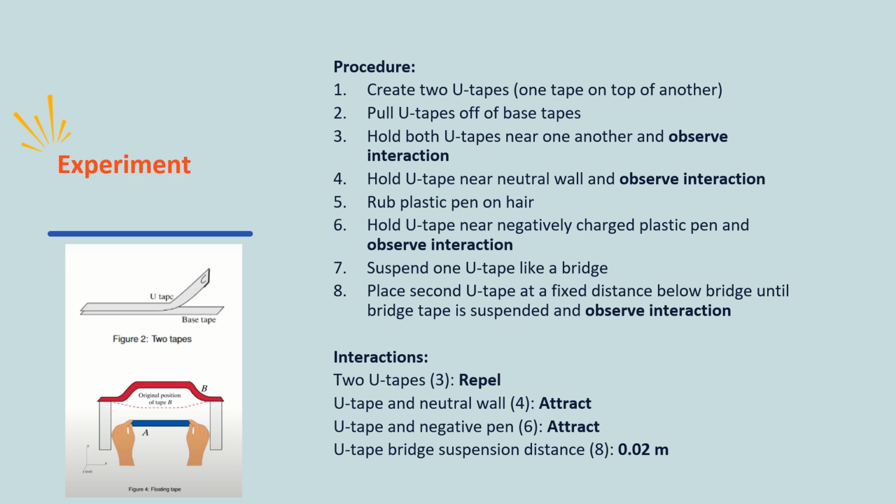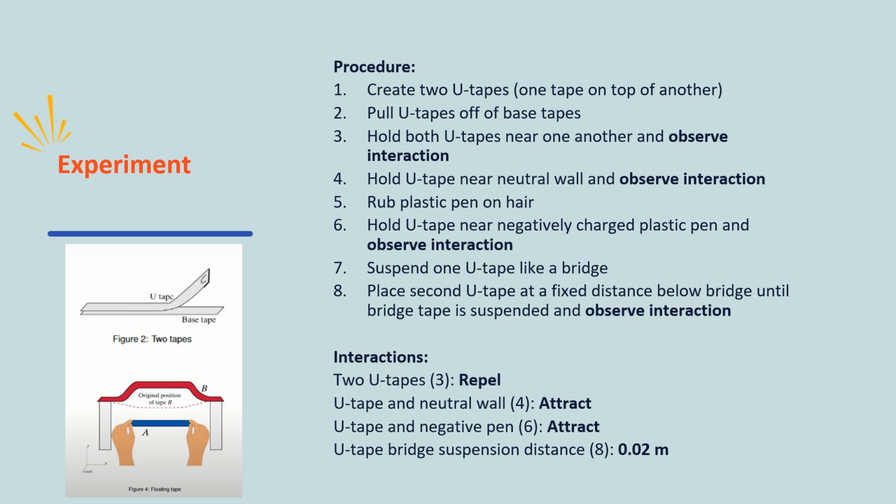And I took a plastic pen and rubbed it in my hair to give it a negative charge and held the U-tape near that negatively charged pen. That interaction was observed. Then one U-tape was suspended like a bridge across two equal height pillars, and the second U-tape was held below until the bridge was suspended, and that interaction was observed.